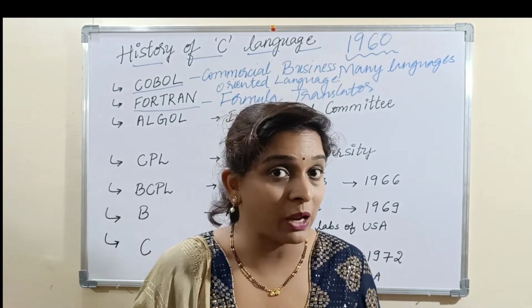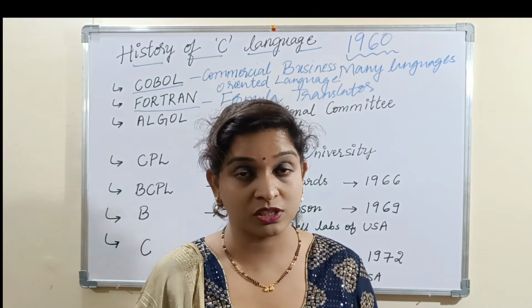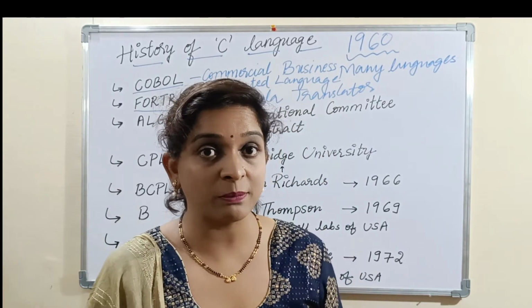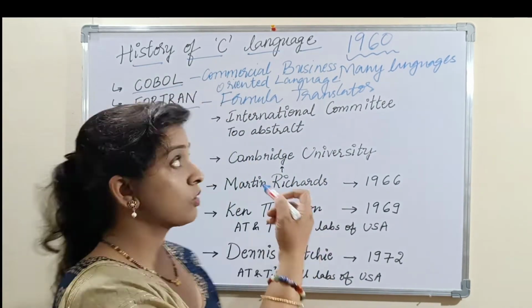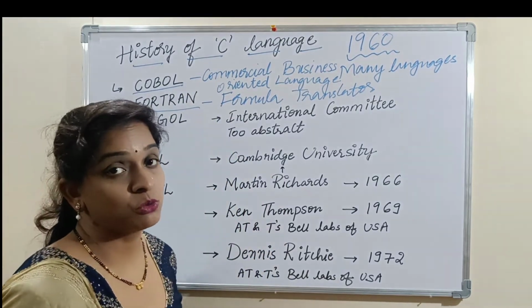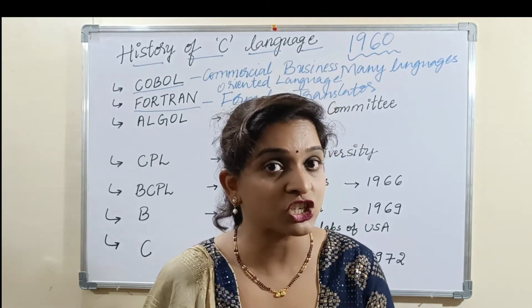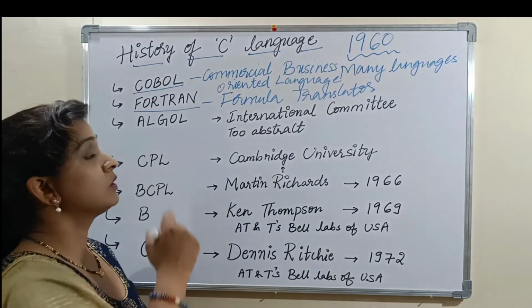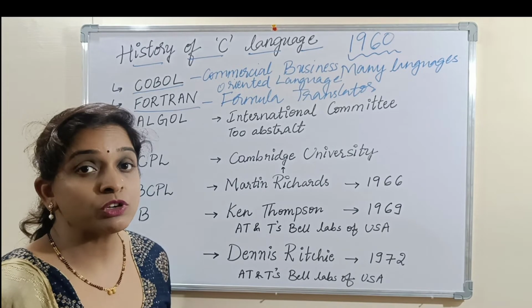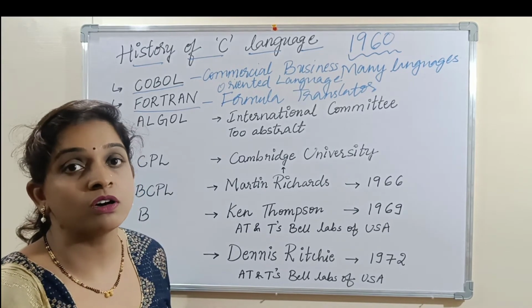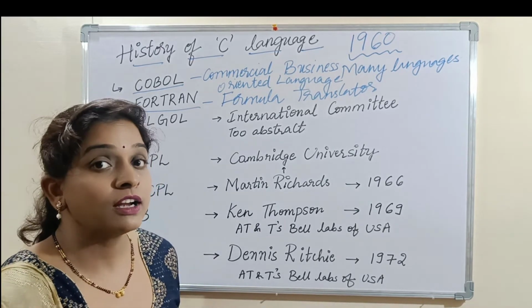Learning many languages for many purposes: if they want to deal with commercial applications, they have to learn COBOL. If they have to deal with scientific and engineering applications, then they have to deal with Fortran. So it was quite difficult for people to learn different languages for different purposes.